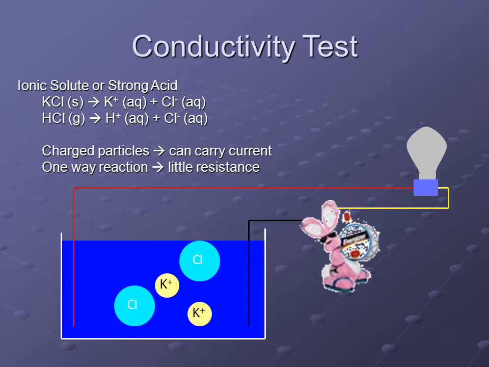And the one-way nature of this chemical reaction means that the circuit will have very little resistance. So we got current, we got hardly any resistance. That means that the potassium ions will be attracted towards the negative terminal because they have positive charge, and the chloride ions will be attracted to the positive terminal.